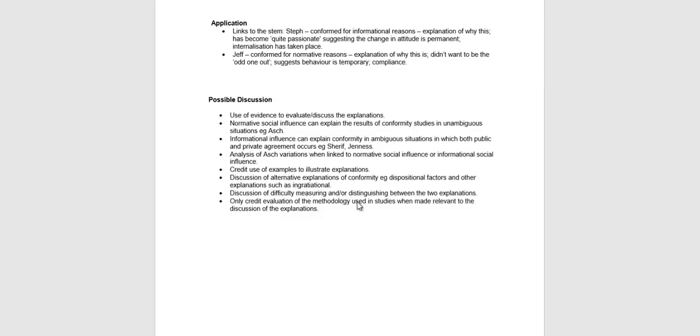So you might want to refer to things like that, or conformity to social norms with Zimbardo, for example. We've got on the new spec, we can get credit for evaluating the methodology of these pieces of research. So, for example, methodological issues such as, you know, biased samples, etc. But they have to be relevant to this discussion.